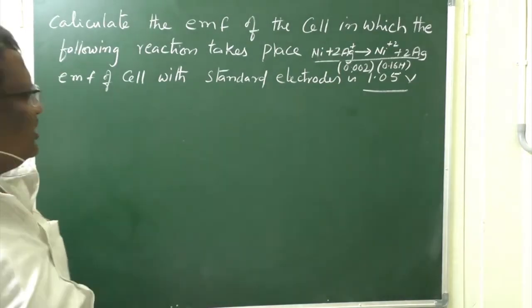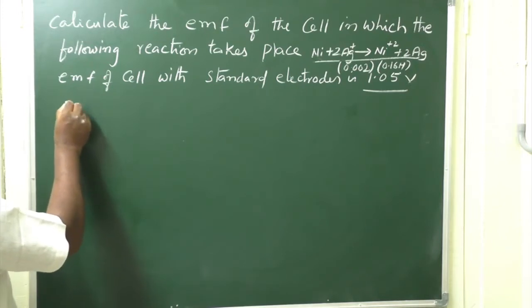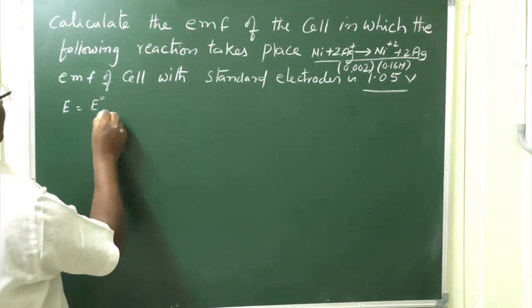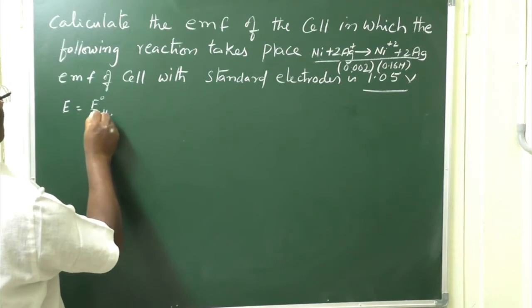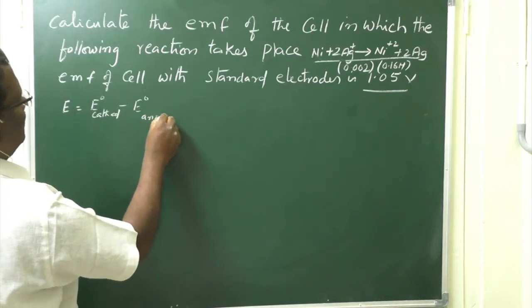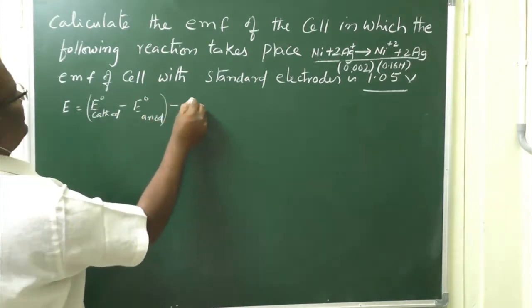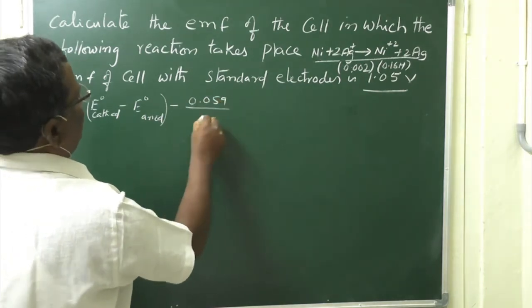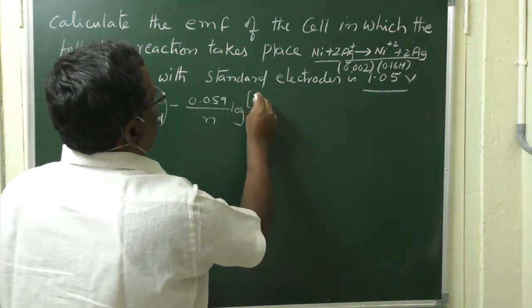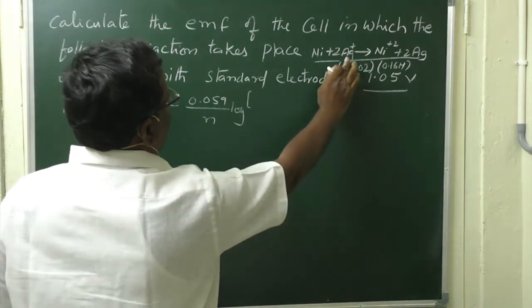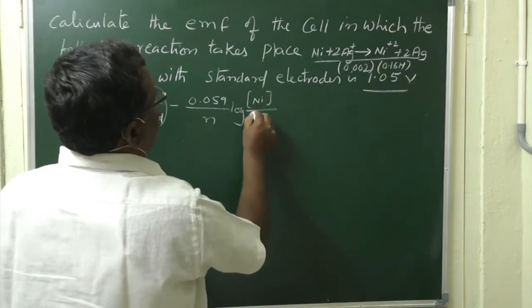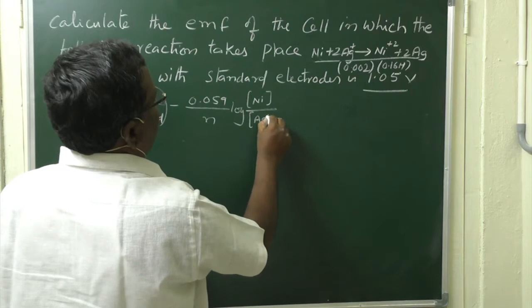For that we have the Nernst equation. According to the Nernst equation, E, that is EMF of the cell, is equal to E naught of cathode minus E naught of anode, minus 0.059 by n log concentration of ions at anode, so ions at anode are nickel ions, by ions at cathode, silver ions.